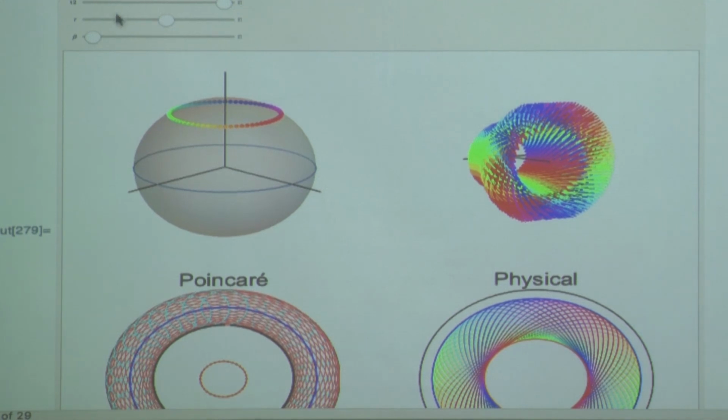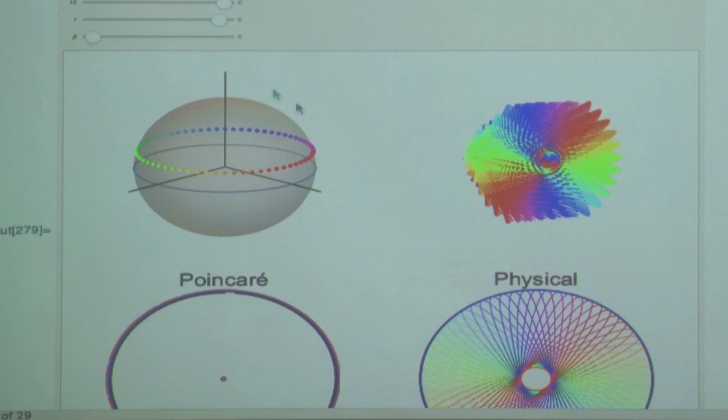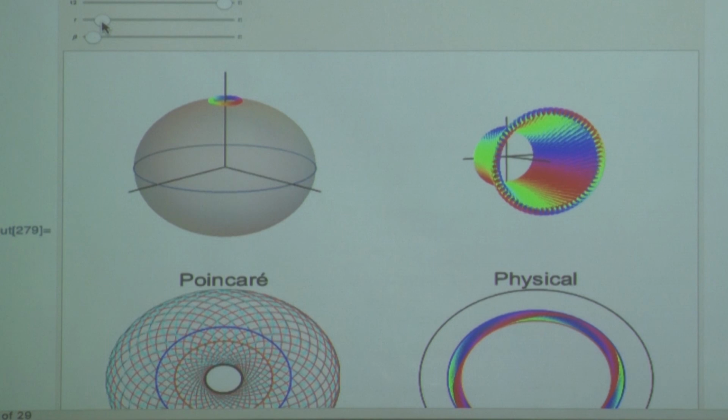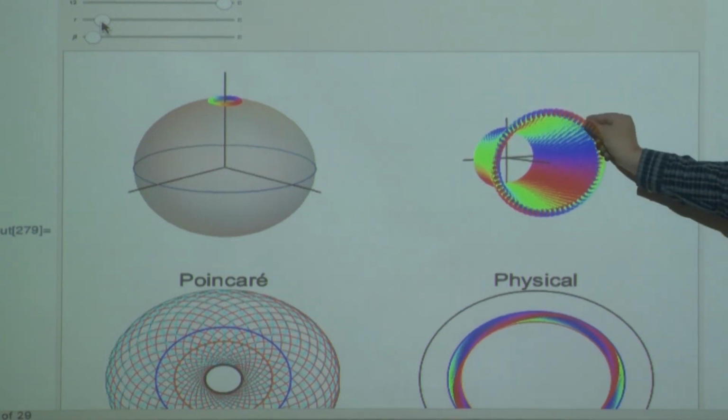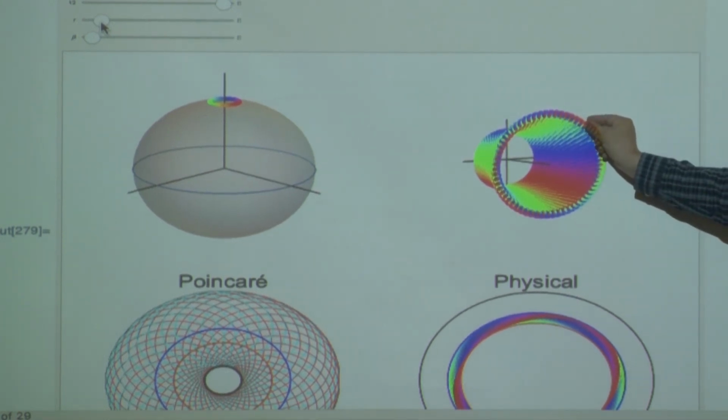So for example, here, if I make this like this, this is a very thick beam, so it's high p. But if I go to the other limit here, this is a very thin beam, so it's p equals 0 or p equals 1.